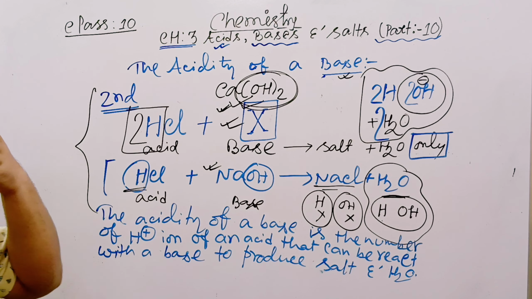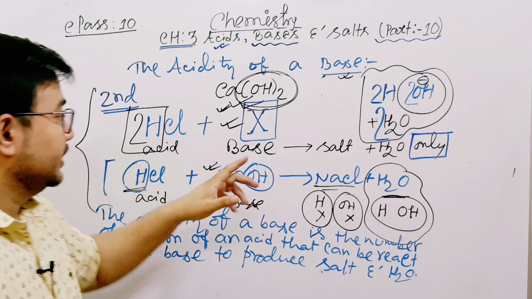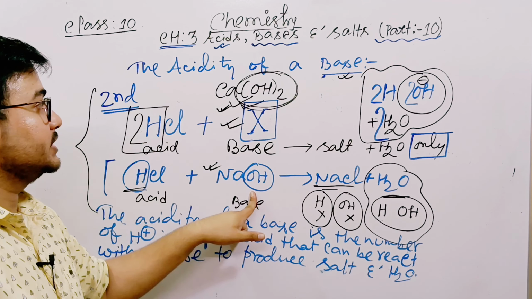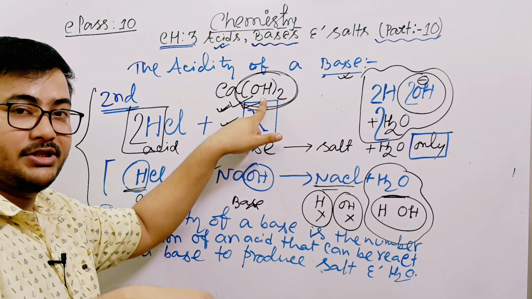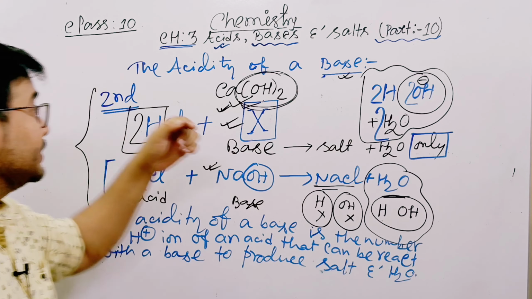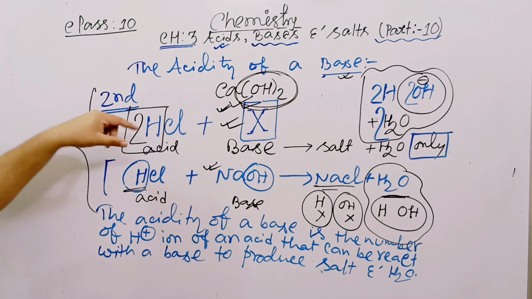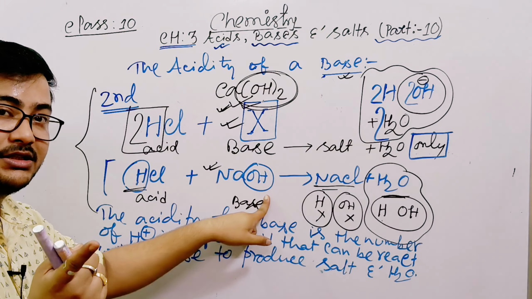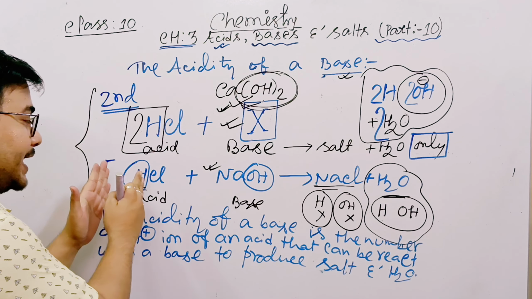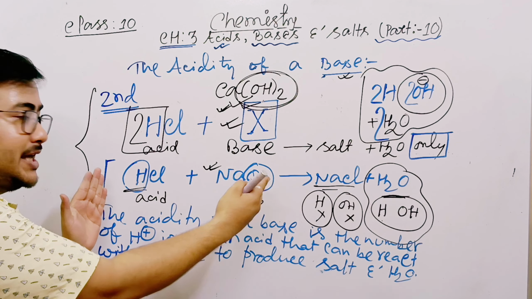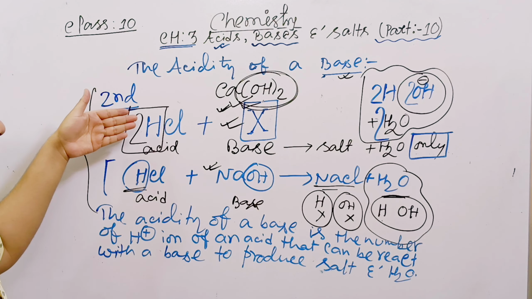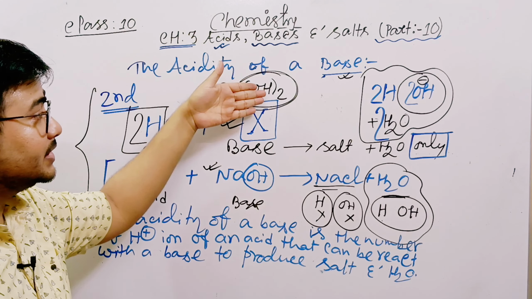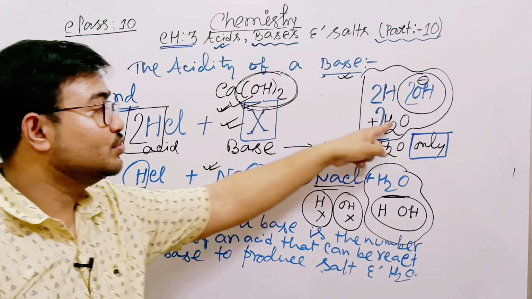So generally we can tell here 1 OH, so monobasic; here 2 OH, so dibasic. But sometimes it can be represented by the number of H. If here 1 H, it must react with 1 OH, so 1 H means there must be 1 OH, that's why monobasic. Here 2 OH minus, that's why 2 water will form.